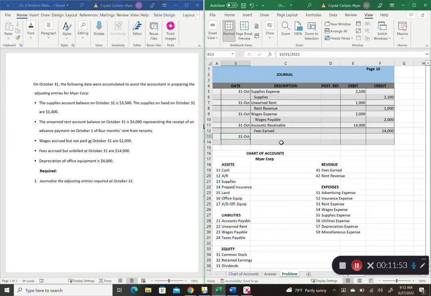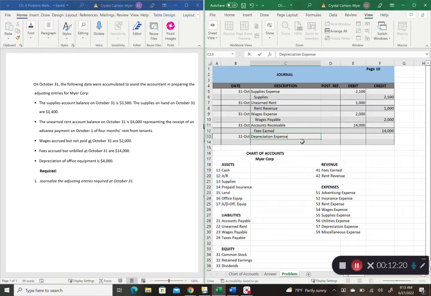Anytime you're making a depreciation journal entry, an adjusting journal entry, you're always going to debit depreciation expense and you're always going to credit accumulated depreciation for that particular asset. So we do have an account called depreciation expense in our chart of accounts. And then again, I abbreviated down here, but this is accumulated depreciation for office equipment. So let's go ahead and debit our depreciation expense.